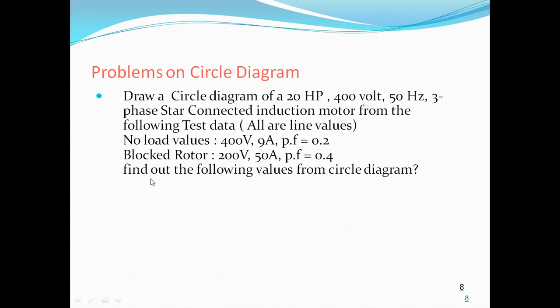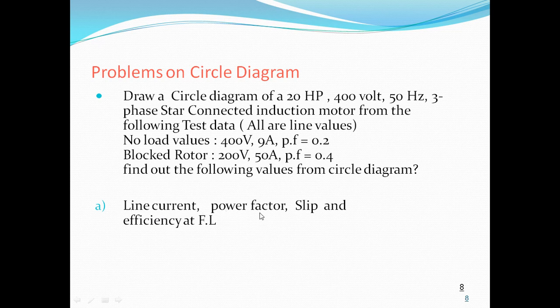And what else did he ask? He asked to find out the following values from the circle diagram. What do we have to calculate? We have to calculate line current, that is OP, and power factor, slip, and efficiency at full load. Next, maximum power output in HP.